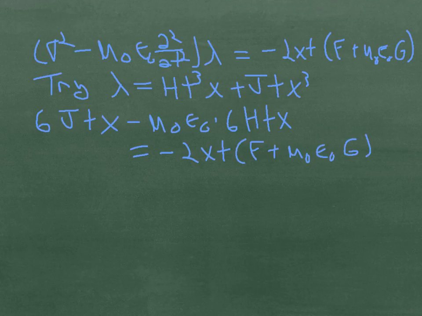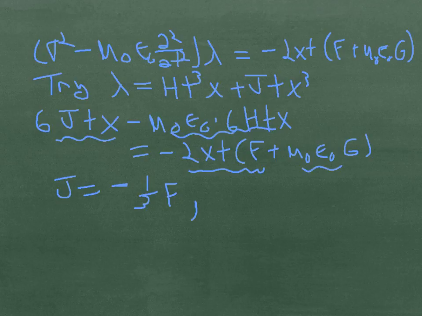The solution is not unique. We have lots of choices we could use, but just to keep it simple, let's match this term with this term, and that gives us j is equal to minus 1/3 f. And then when we match the other terms, we get h is equal to 1/3 g.